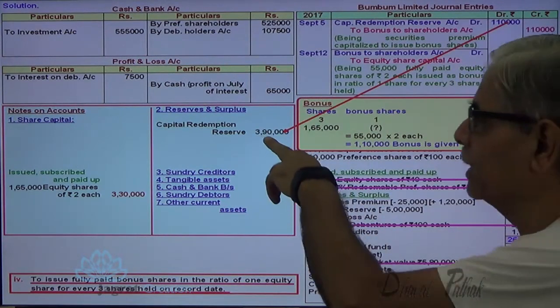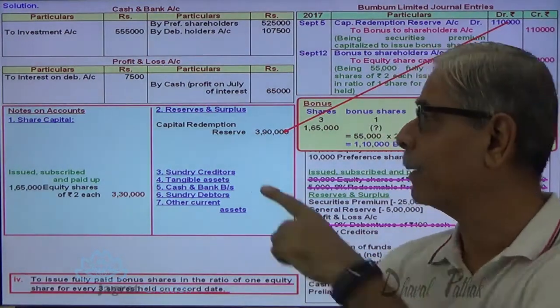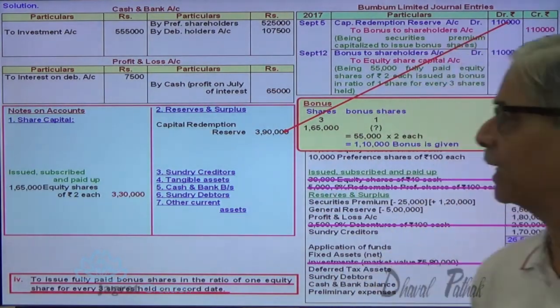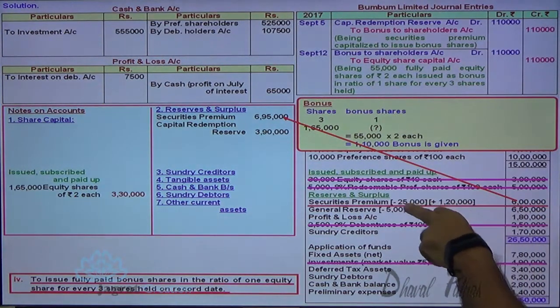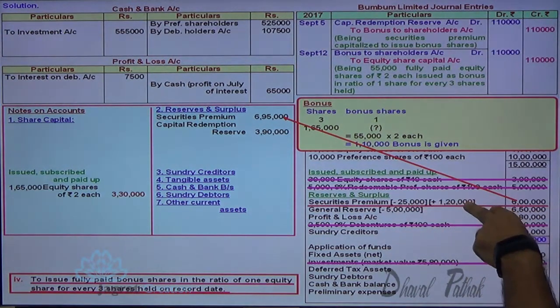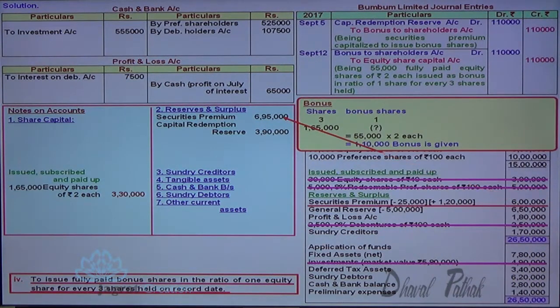So capital redemption reserve from 5 lakhs, bonus given 1,10,000, so capital redemption reserve balance will become 3,90,000. And the security premium is 6 lakhs minus 25,000 plus 1,20,000, so 6,95,000 is the security premium.